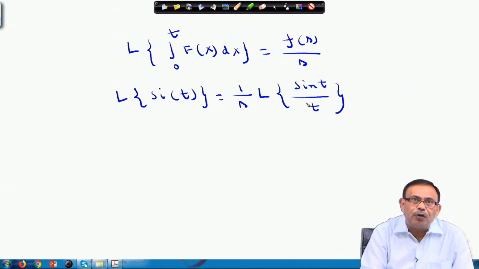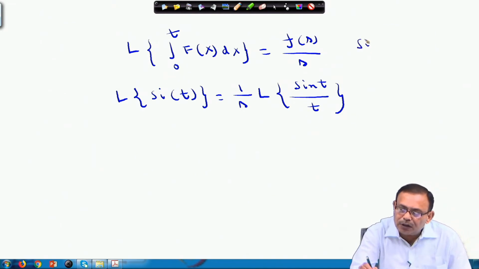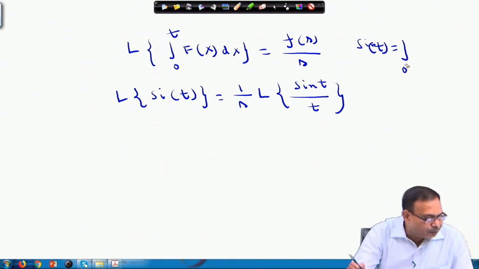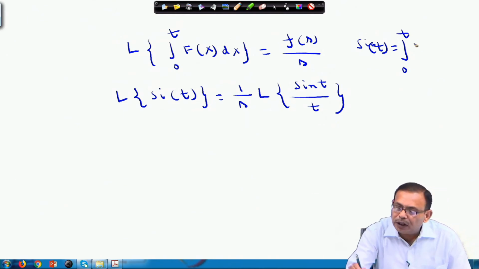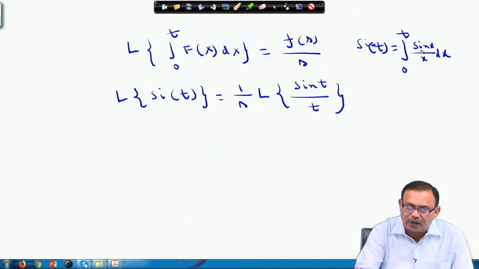Because your problem, Si(t), was the integral from 0 to t of sin x by x dx, basically the function is sin x by x.